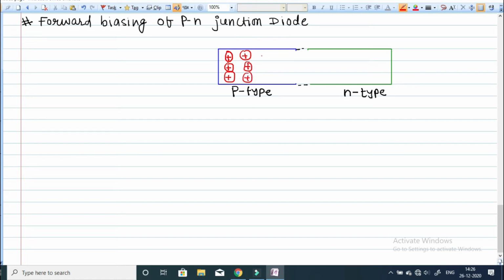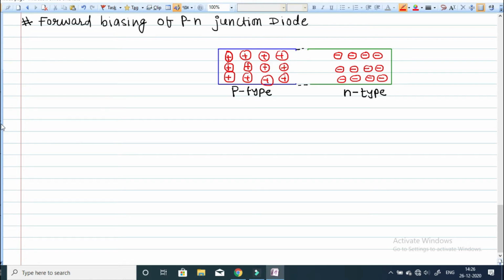You can see it there. These are the positive ions, holes. And in case of n-type semiconductor, electrons are there. Minus, minus, minus. These are the negatively charged ions or electrons basically. And this is the junction area.